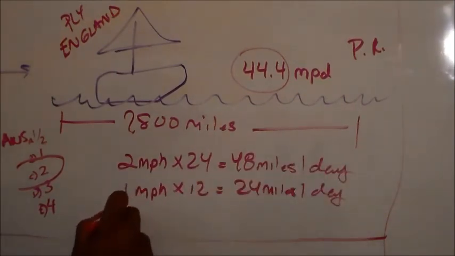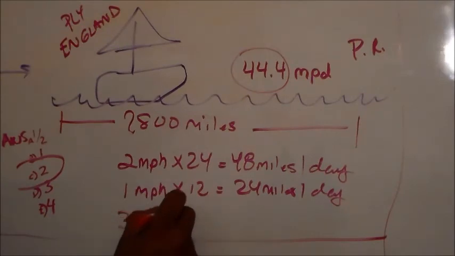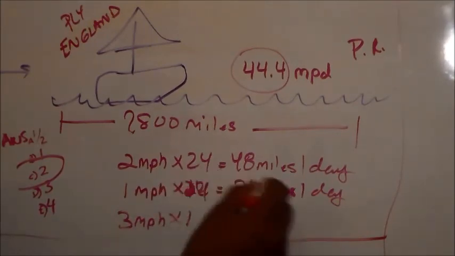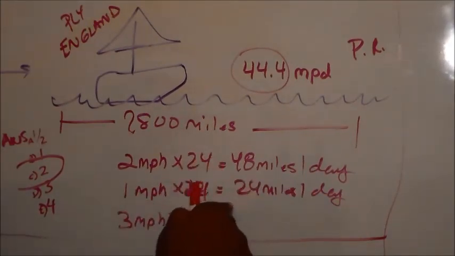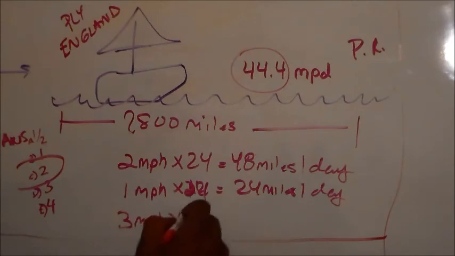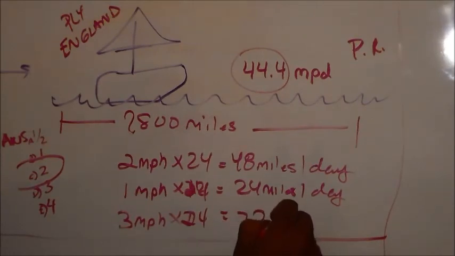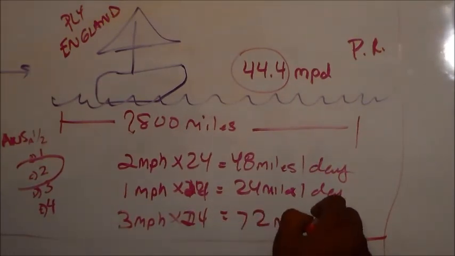And if I was going 3 miles per hour, 3 miles times 24 would equal 72 miles per day.